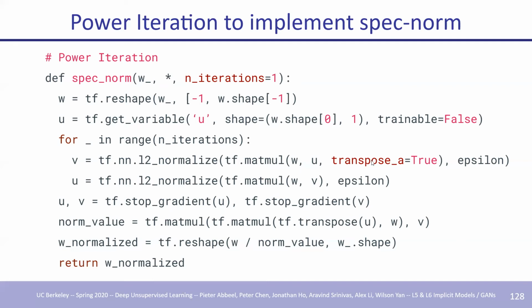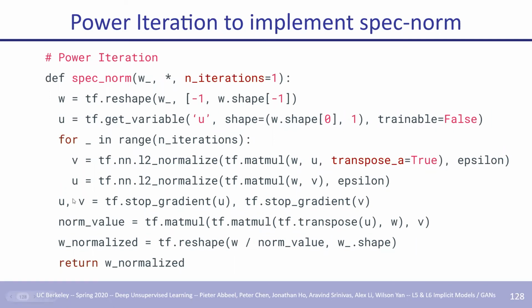You transpose it, multiply it again by the regular one, and then transpose it. If you have an m by n matrix, you multiply by an n vector, you get an m vector. Then you take W transposed, which is n by m, and multiply by the m vector, and you have an n vector again. You can do this over and over again, and then you'll get the singular values. So it's like the power method for non-square matrices to get the singular values.